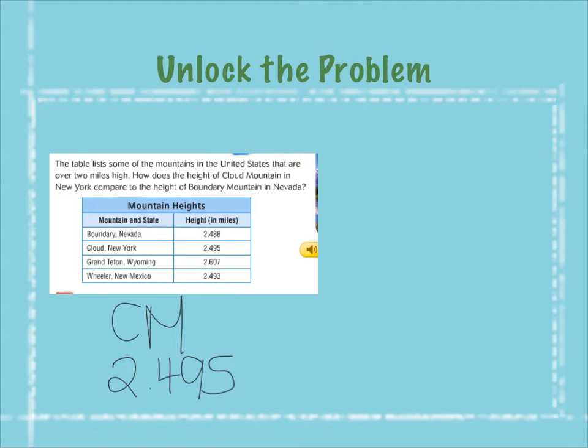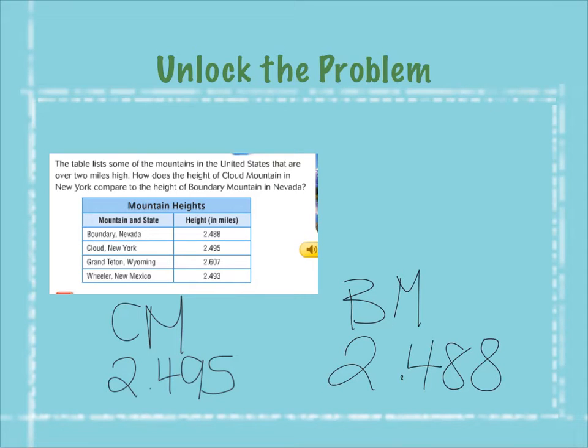I can see that the mountain's height is 2 and 488 thousandths of a mile. Okay, so now that I have my two lengths here, I'm going to have to try to figure out which one is greater, which one is less than, and then I will use my either greater than, less than, or equal to symbols.